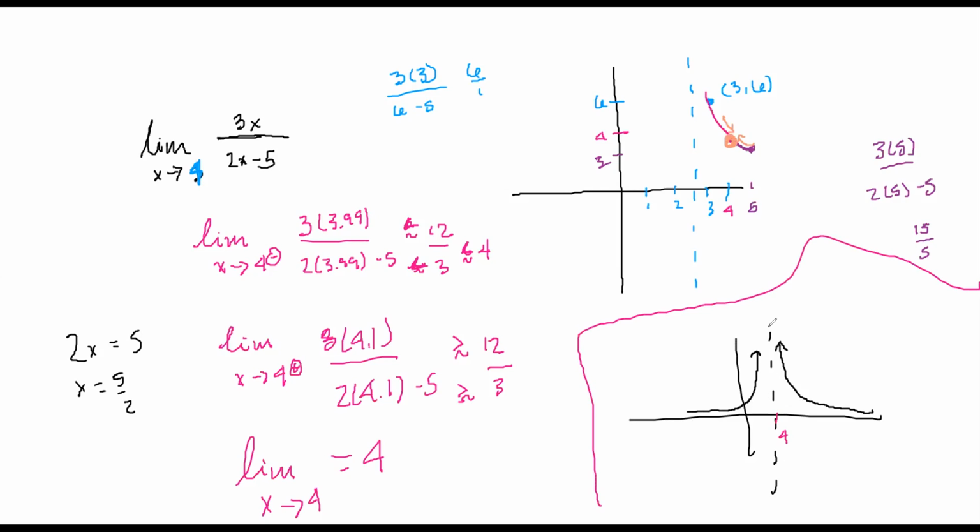This is just my musings. But this limit exists. And the reason it exists is because if we come in from the left, it goes to infinity. And if we come in from the right, it goes to infinity. And so the limit is infinity. However, the function does not exist. There is no f of 4.